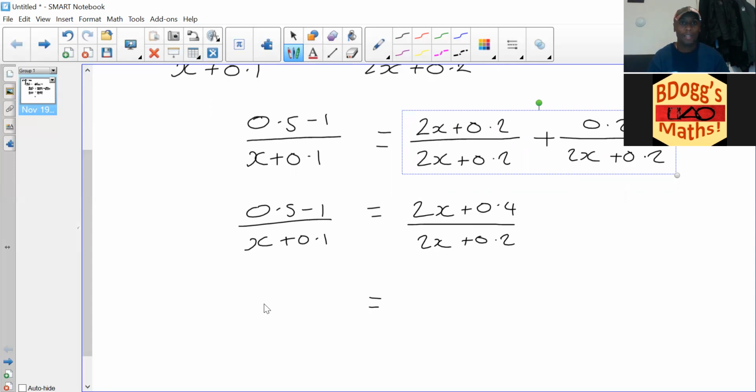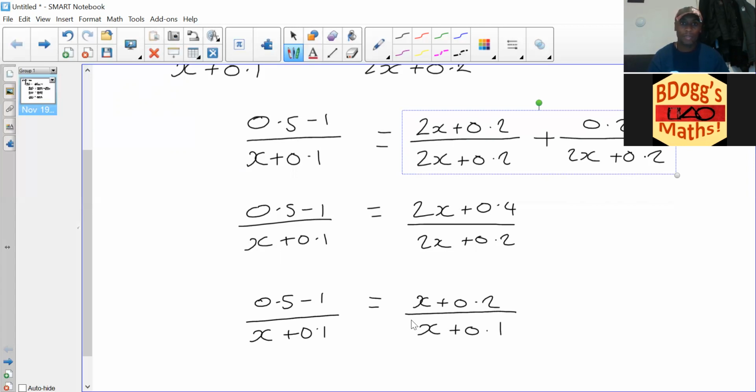Nothing wrong with it. So I'm going to keep 0.5 take 1, and that's still divided by x plus 0.1. But on my right-hand side, I'm going to divide through by 2, so top and bottom divided by 2. So I have x plus 0.2 over x plus 0.1.